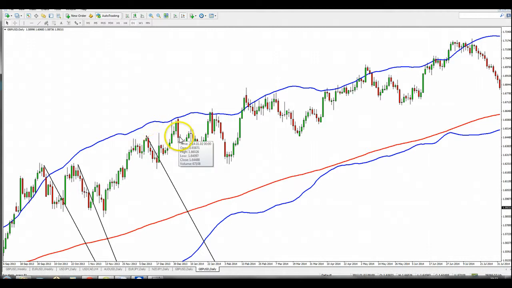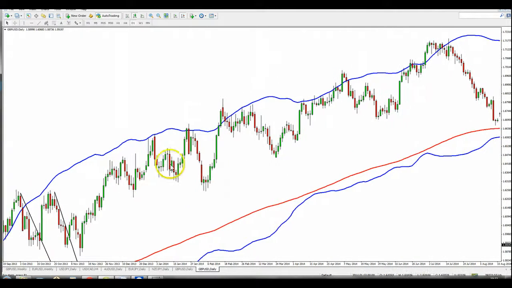Not quite good enough. Wouldn't be happy at that. So sometimes you've got to let some trades go for your own best interests, but that's why we trade 6 different currencies. There's little chances that come about all the time.